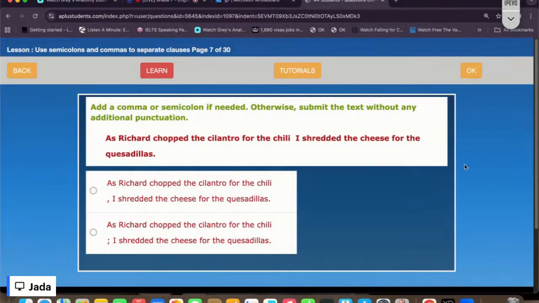As Richard chopped the cilantro for the chili, I shredded the cheese for the quesadillas. Is it the first or second?